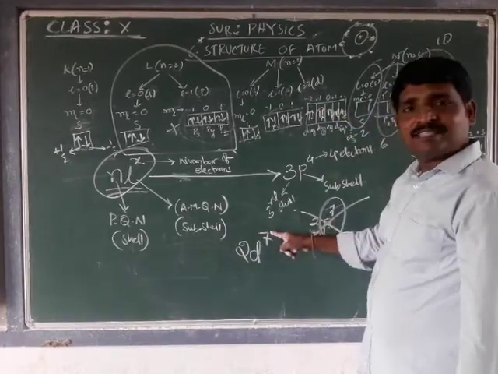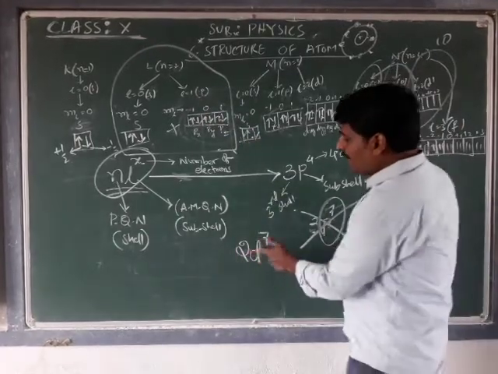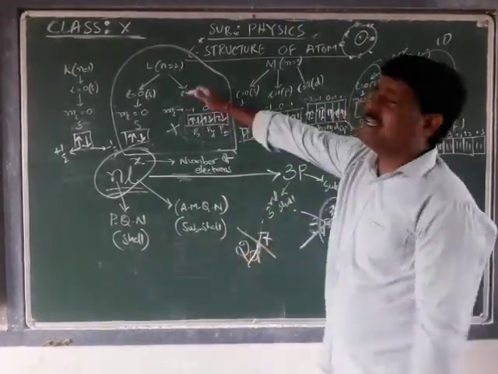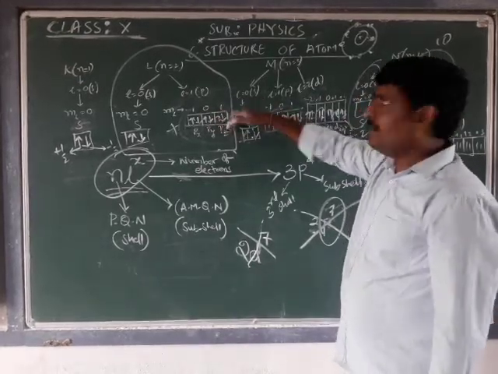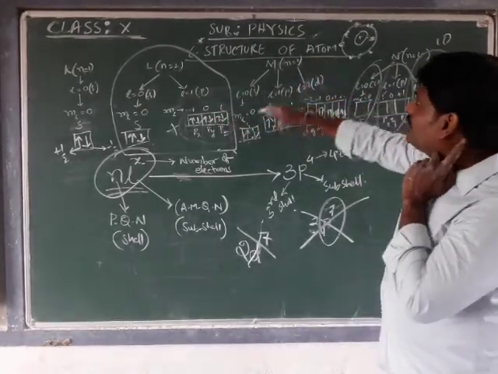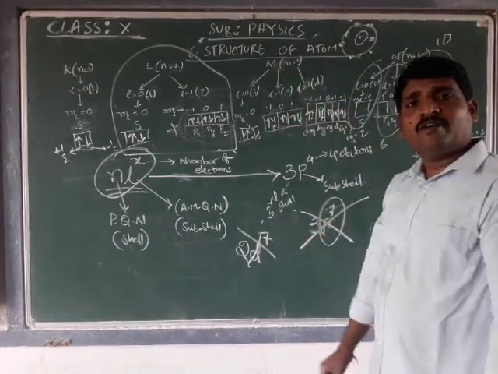Of course D has 7, but in the second shell we don't have D. 2d is not possible because the second shell contains only 2s and 2p, that's it, whereas in the third shell we have 3s, 3p and 3d. Are you able to follow?